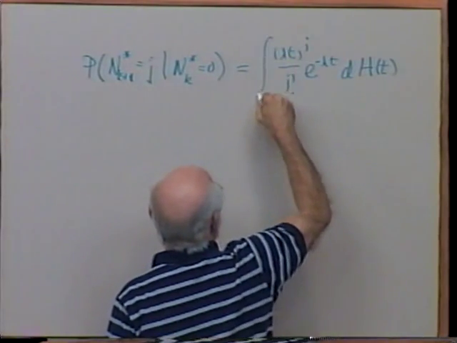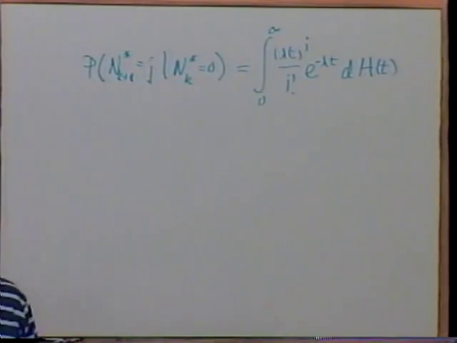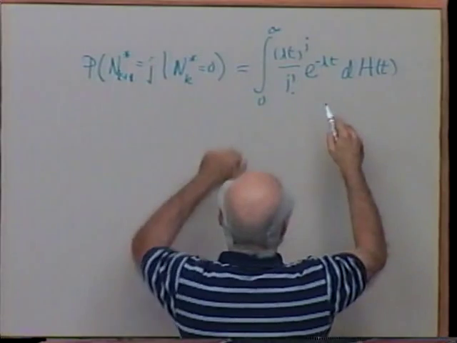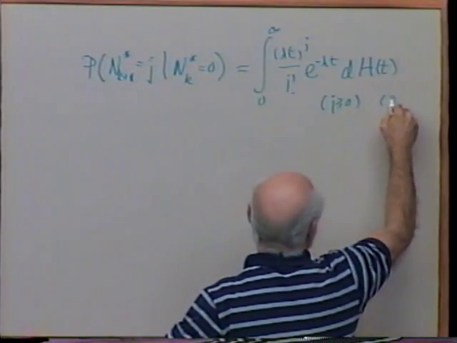And then I sum that as t runs from 0 to infinity. Okay, so that's this transition probability for the case in which i is equal to 0. That's equation 8.14. So this is for i equals 0 and j greater than or equal to 0, and it's 8.14.